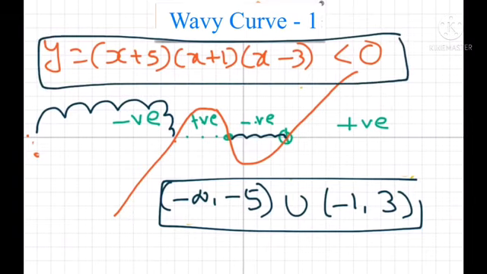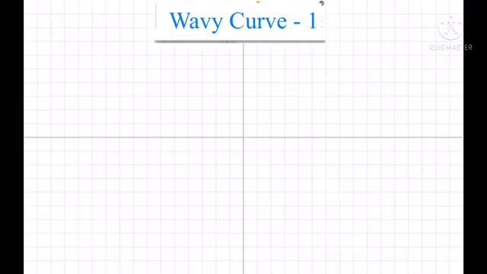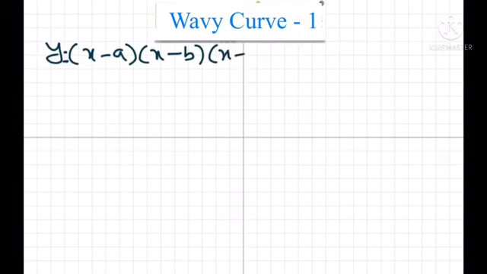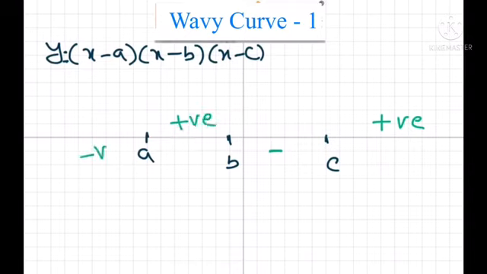Now let's see the most generalized case. If I give you y equal to (x minus a)(x minus b)(x minus c), 3 factors only, a, b, c can be positive or negative, anything. So I am assuming a here, b here, and c here. If you look at the sign scheme of this, it is always positive here, negative here, positive here, and negative here.